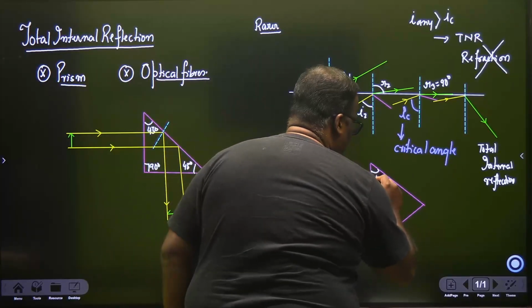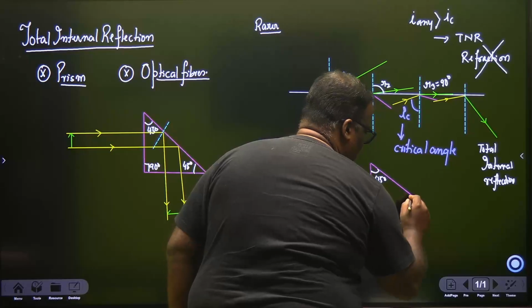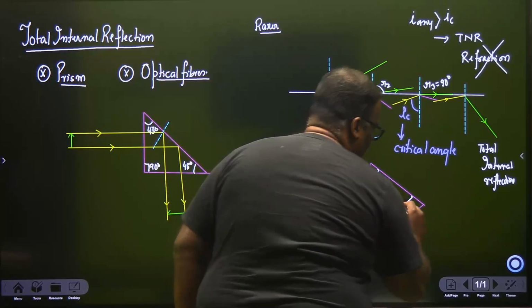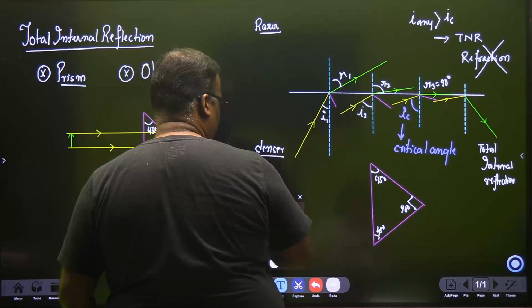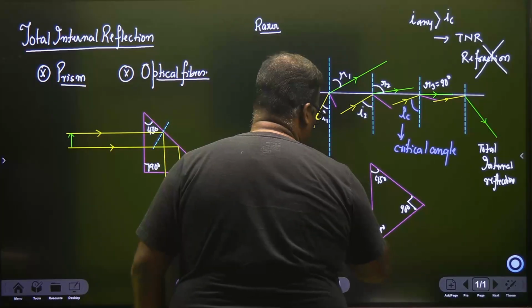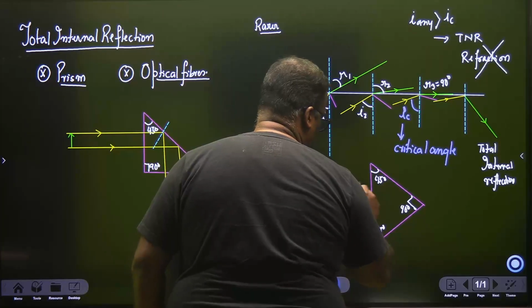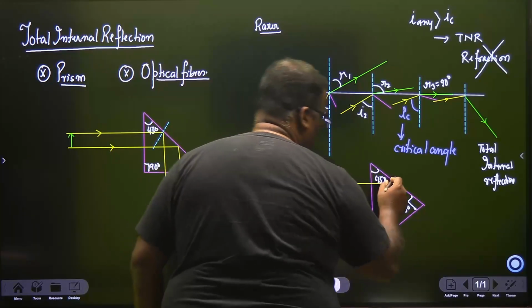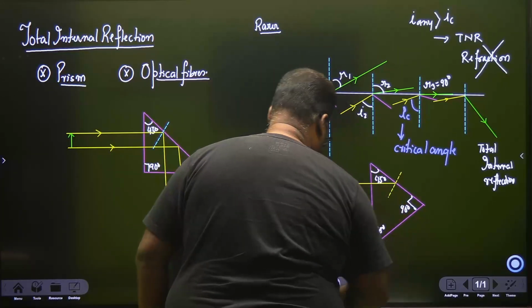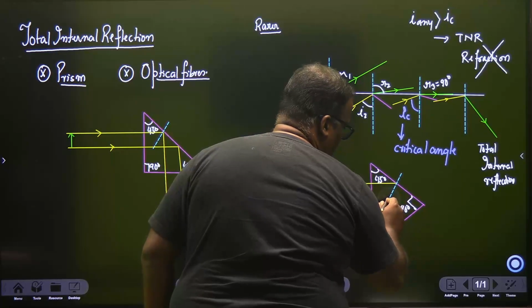This is 45, 45, and this is 90. So in this case, you will have an incident ray going this way, and then I have my normal out here.